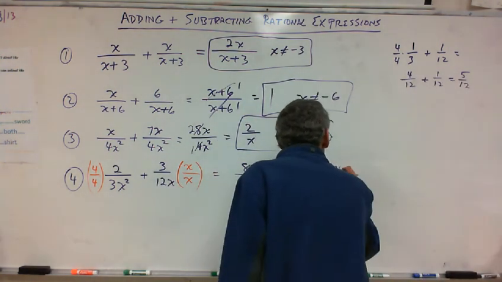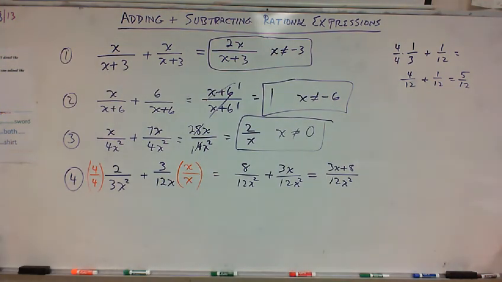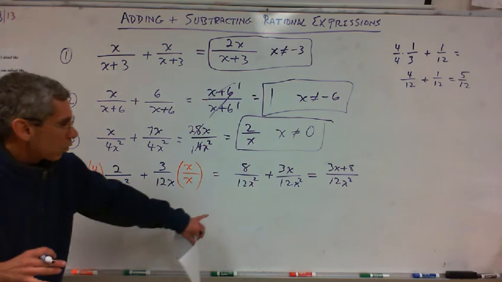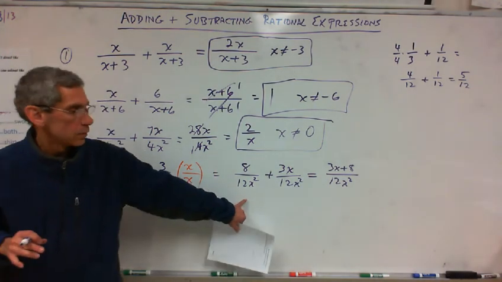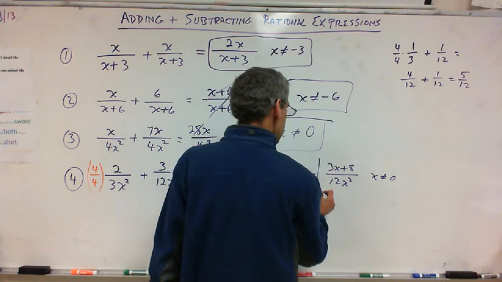I like to write the x first, because that's a little more officially correct. That wasn't too hard, right? You guys all understand how you do that? Yes? Okay. Now, what can x not be here? 0. Exactly. X cannot equal 0. That's it. That's your answer.